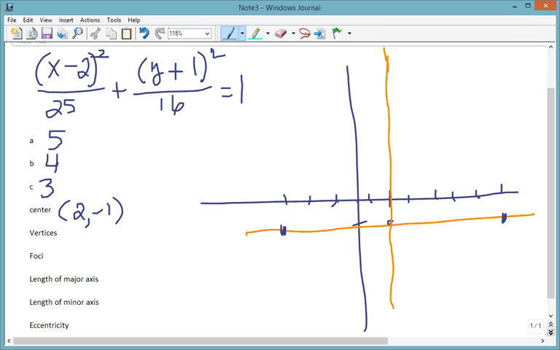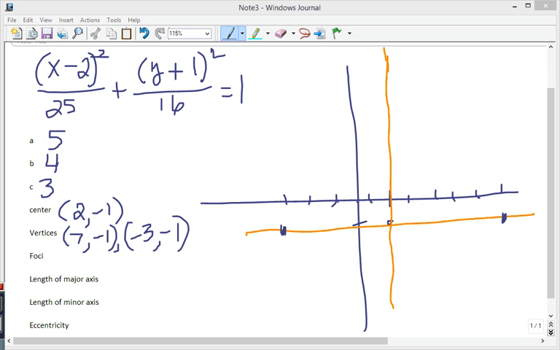Well, X was 2 for this, so I add 5 to the 2 and get 7. And it's still down 1 because that Y value hasn't changed. And then I subtract 5 and get -3, -1.